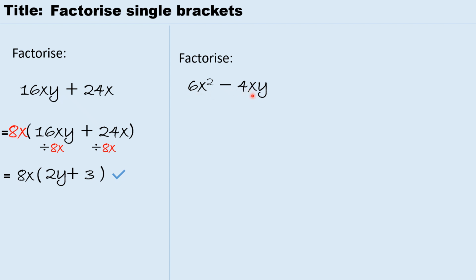Therefore, our highest common factor is 2x. And then place our initial expression inside the brackets, and then we divide by the highest common factor. Therefore, 6x squared should be divided by 2x, and 4xy should be divided by 2x.